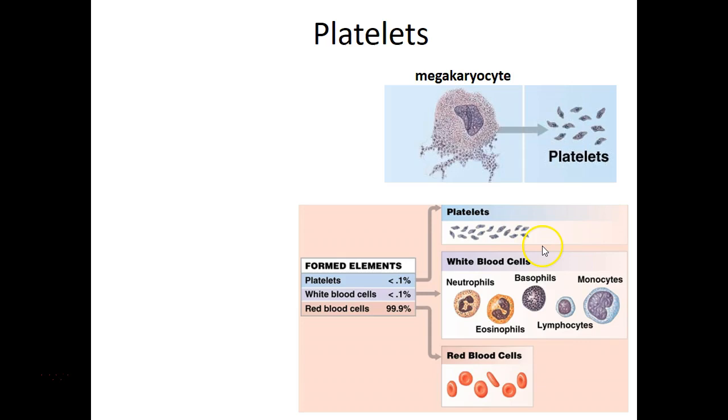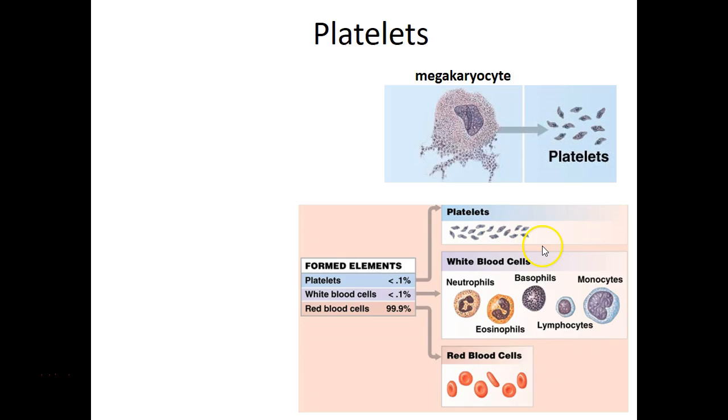All right. So the last formed element we're looking at are platelets. Where do they come from? They come from this huge cell that's found in red bone marrow. It's called a megakaryocyte. What this megakaryocyte does is it has extensions that extend into a bloodstream, and then its extensions pinch off to make platelets.